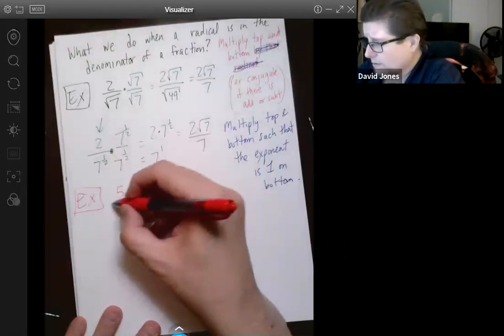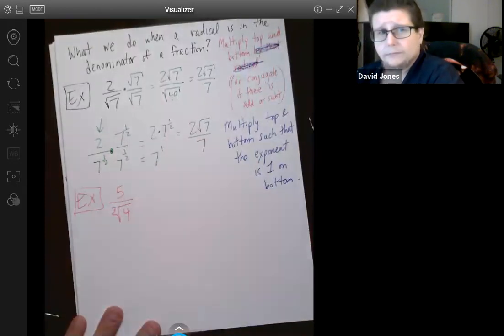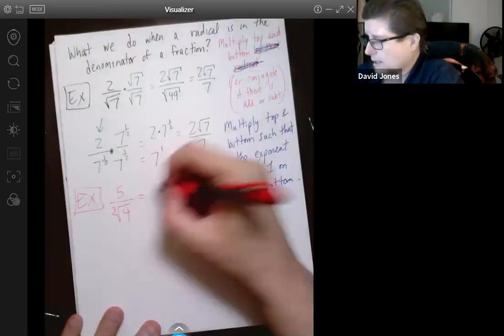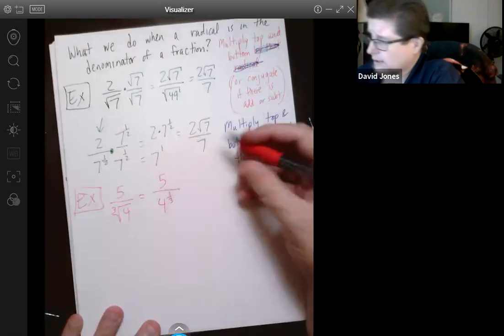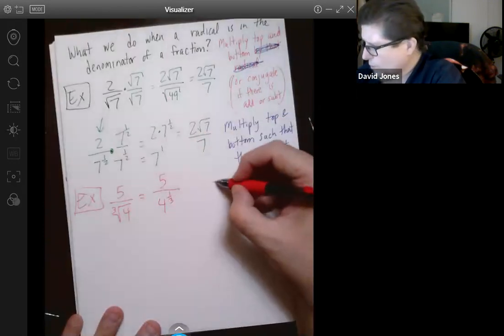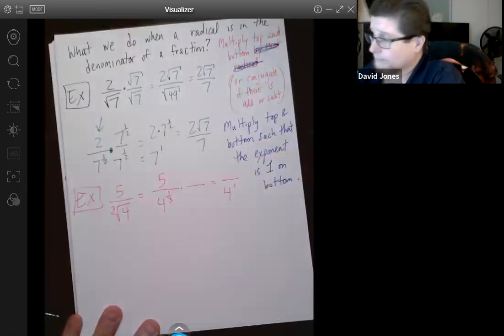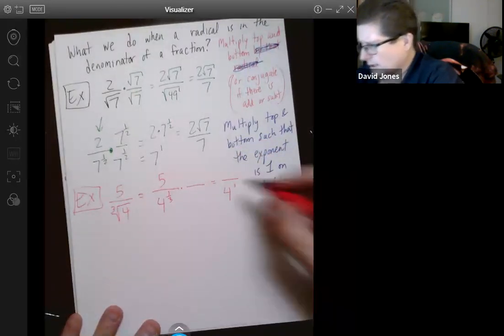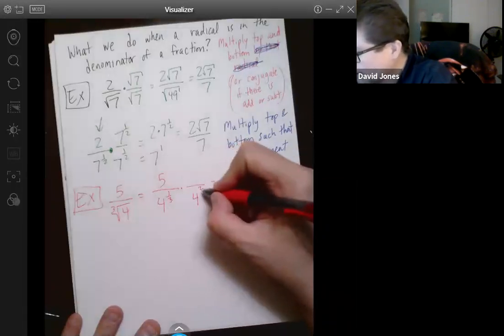5 over the cube root of 4. This is 5 over 4 to the 1/3. What do I got to multiply by so that I end up with 4 to the first on bottom? And it's got to go through addition. I need to use a 2/3.